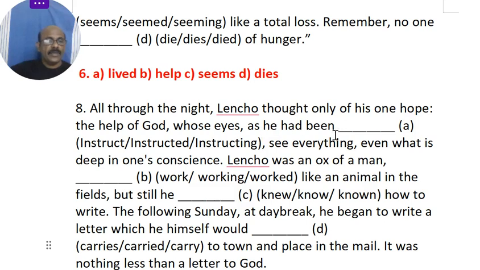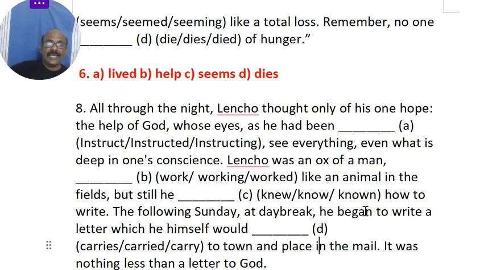Instructed, he had been instructed. Lencho was an ox of a man, dash, working like an animal. Was an ox of a man, was working like an animal, that means a hard worker.